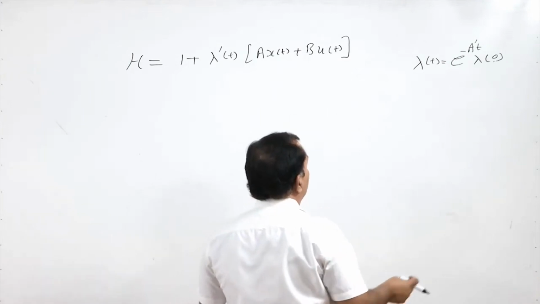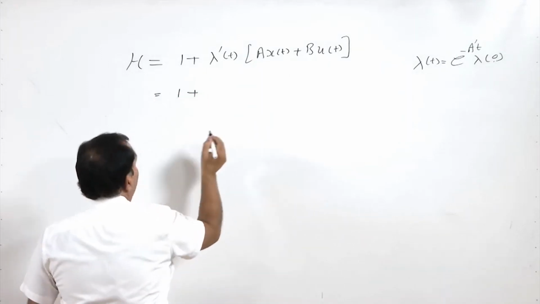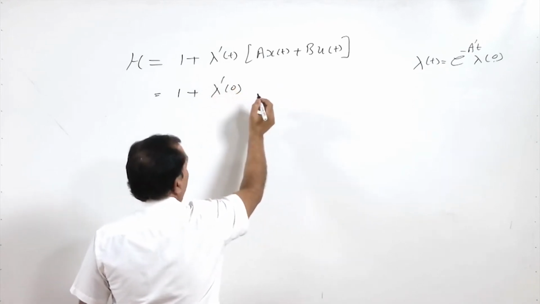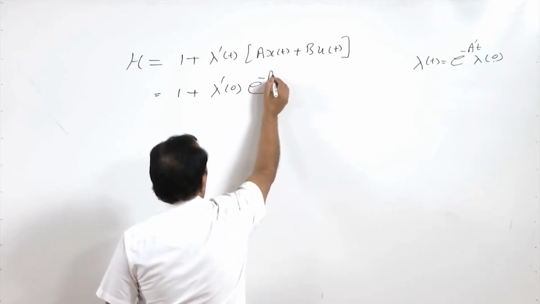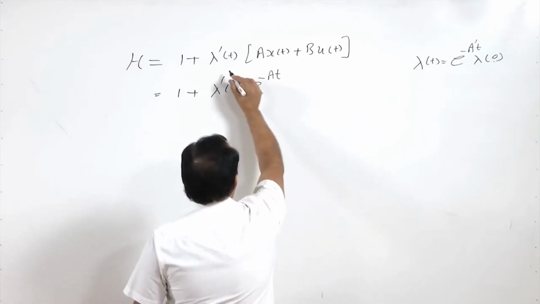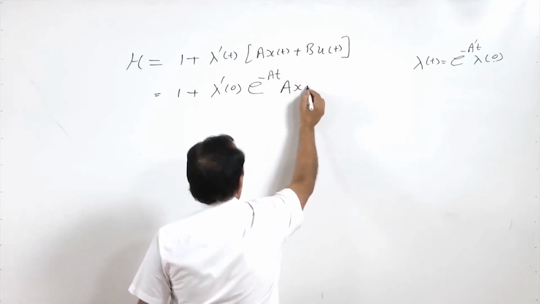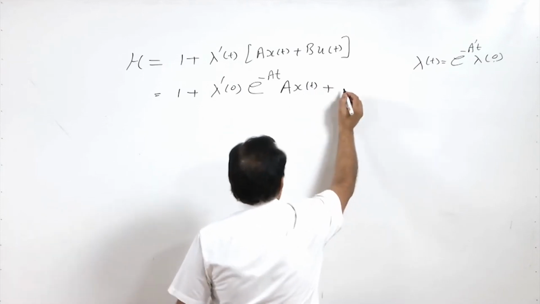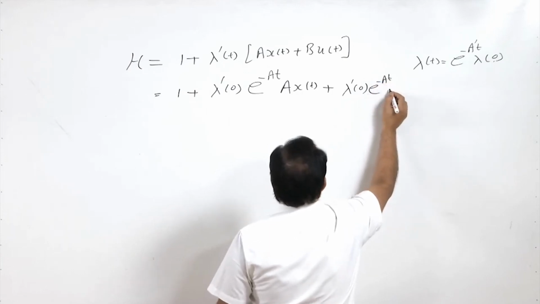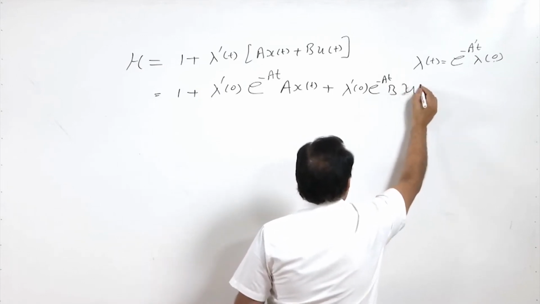So, if I write this, it is 1 plus, taking the transpose, lambda transpose 0 e to the power minus A t, which is my lambda prime t, times A x t, plus lambda prime 0 e to the power minus A t B u t.